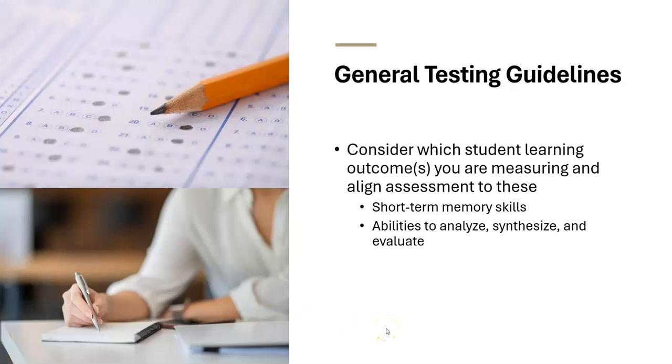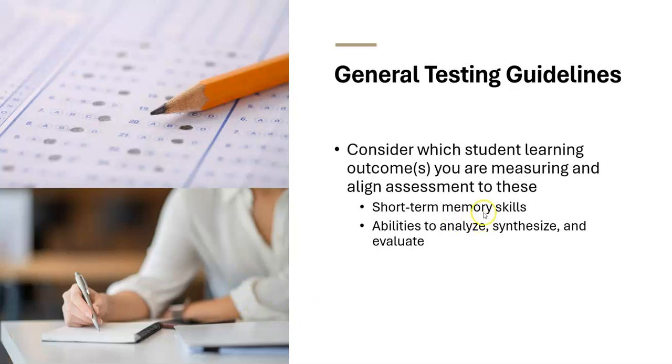So when you're designing tests, you need to consider which student learning outcomes you're measuring and align the assessment to those. I think nothing frustrates students more than saying, I didn't know that was going to be on the test. So making it clear what will be tested and then determining the best ways to assess students' learning.